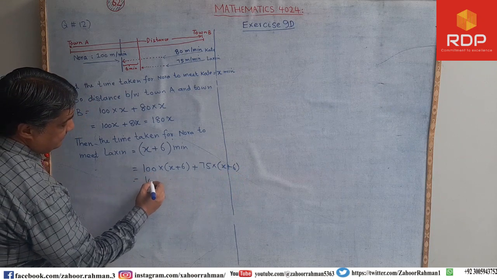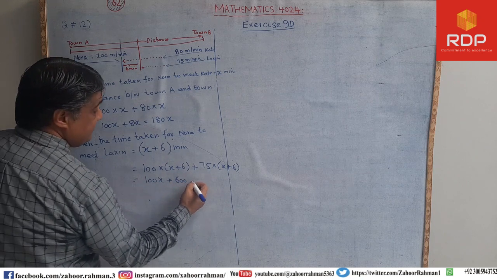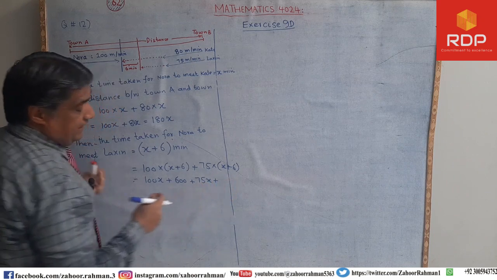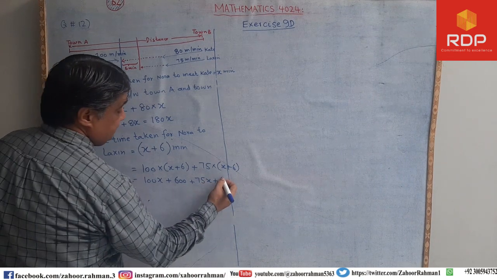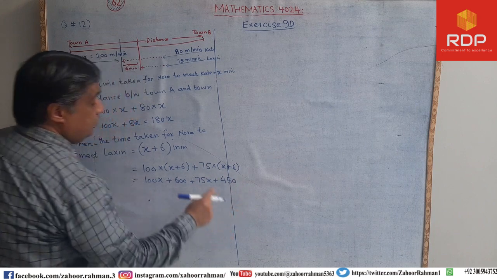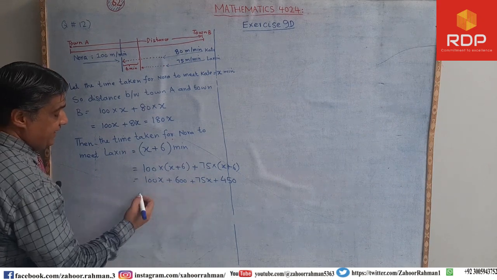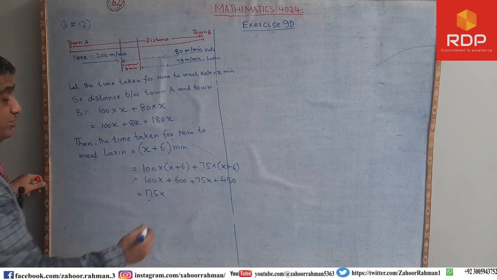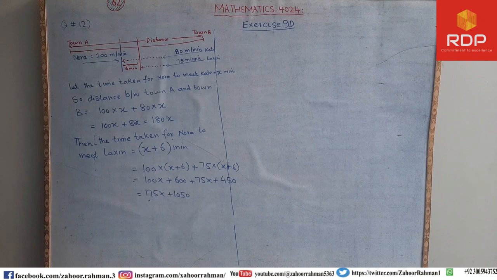Now multiplying with both of them, 100x plus 600 plus 75x plus, when 75 is multiplied with this 6, it will be 450. Now 175x and 1050. Why are we doing so?